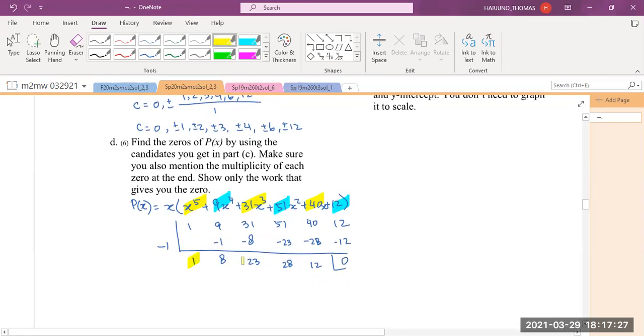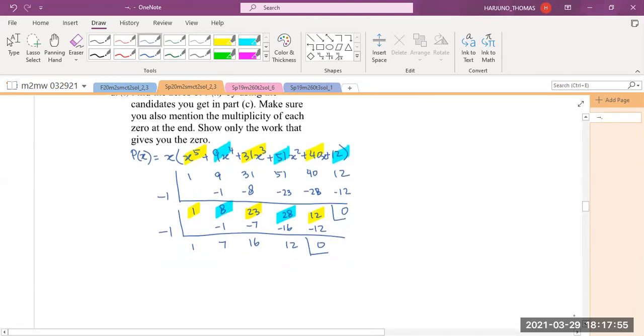So the sum of the alternating terms here is 36, and the sum of the alternating terms here is also 36. So negative 1 is another zero for this. So -1 now is a 0 with multiplicity of 2.